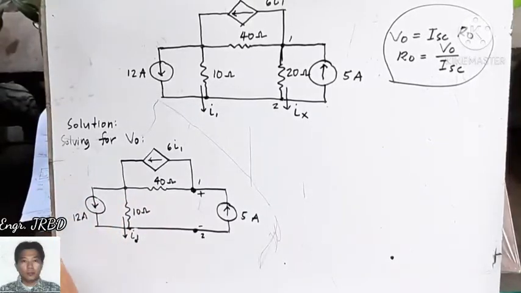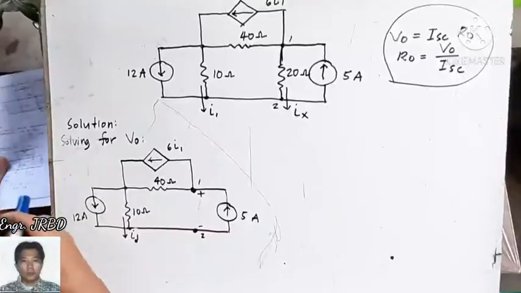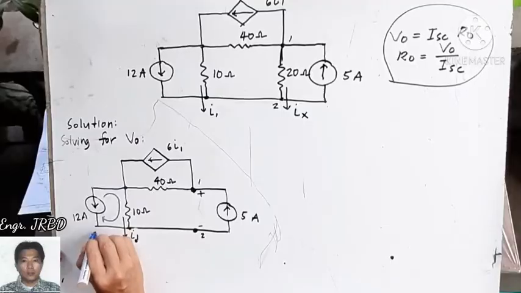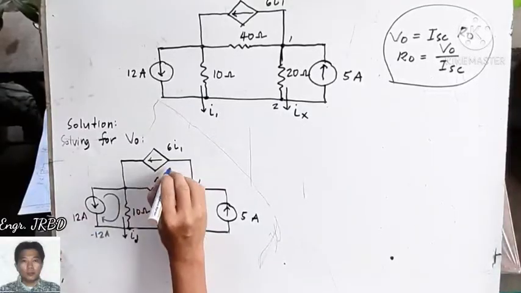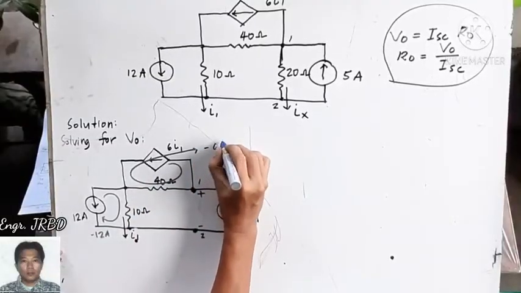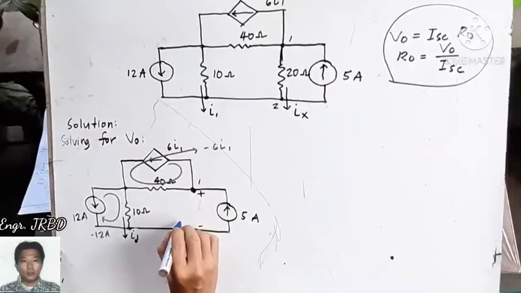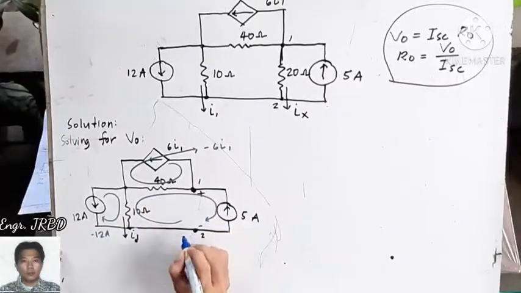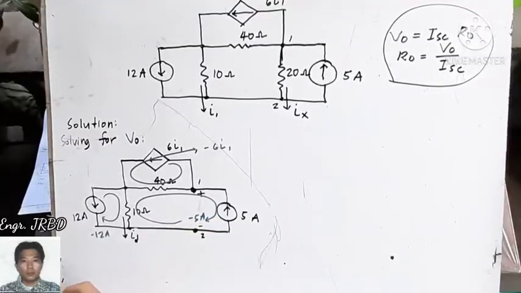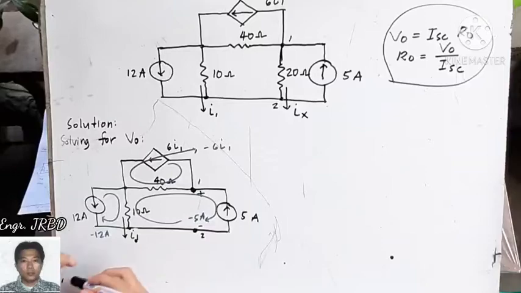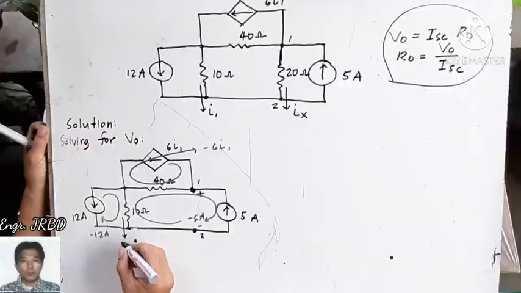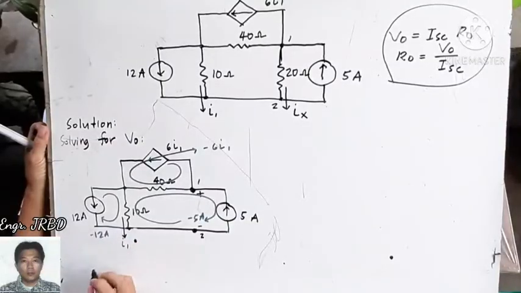The circulating current in this closed part is negative 12 amperes, correct? So this one is negative 12. The circulating current in the other part is negative 6I1. And the circulating current in this closed path is negative 5 amperes. We will start by taking the relationship between I1 and its adjacent circulating currents.